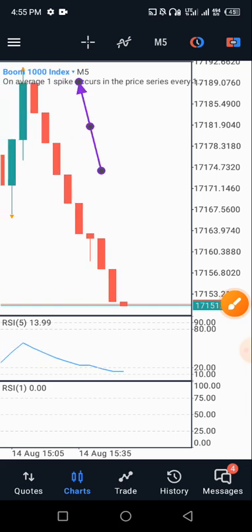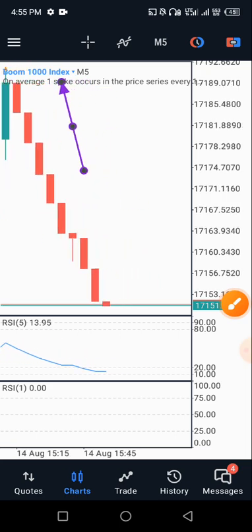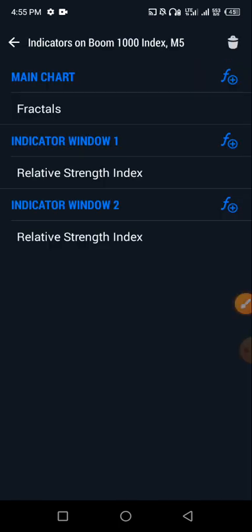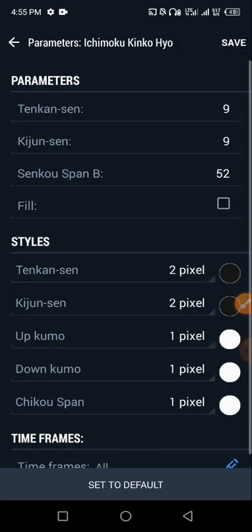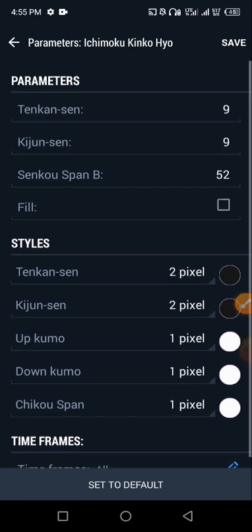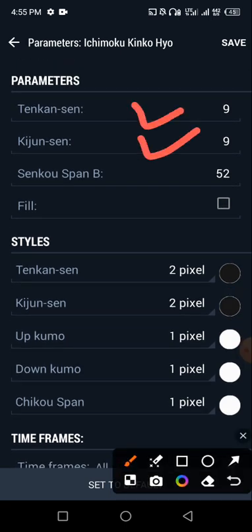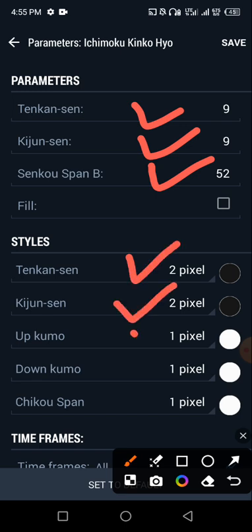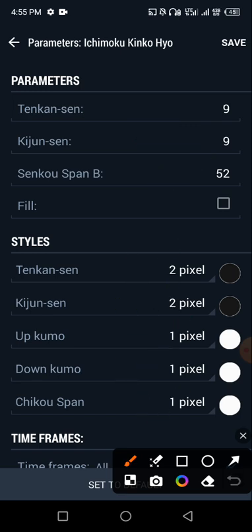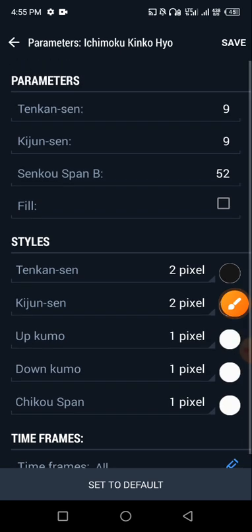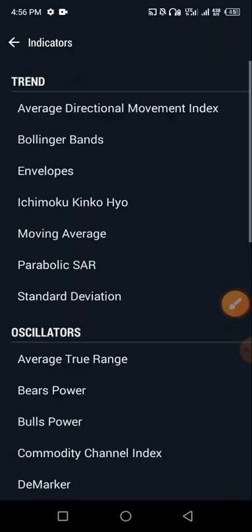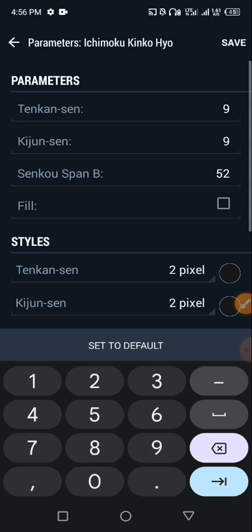So let's go ahead to add our Ichimoku. The first Ichimoku we want to add, you can make use of these first settings here. The way you see it on my chart, just add it up there, and then you can click on save. Then the next Ichimoku we want to add, you just change the Tenkan-sen to 26 and the Kijun-sen to 26.